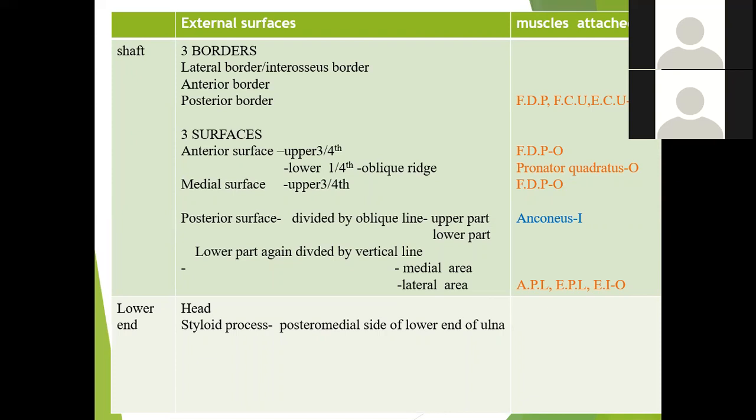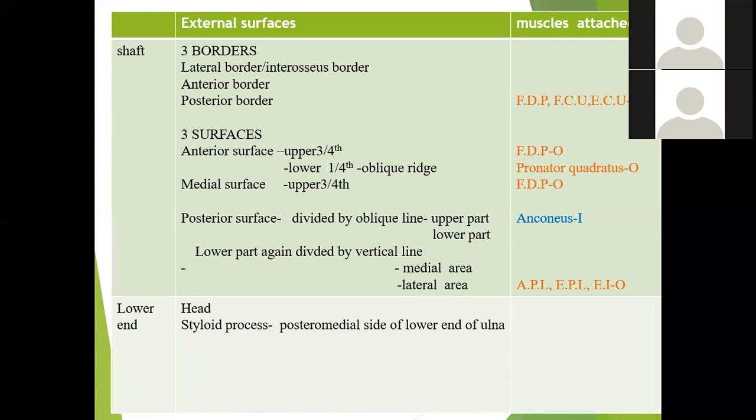The lower part is again divided by a vertical line into a medial area and a lateral area. So the posterior surface is now divided into three parts: above the oblique line is the upper part, and below the oblique line is divided by a vertical line into a medial area and a lateral area. When you think of the posterior surface of the ulna, you should think of three areas.